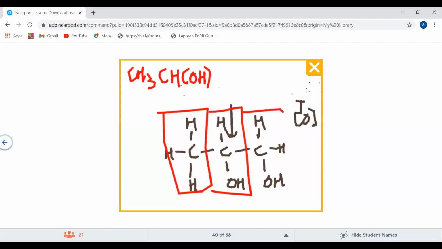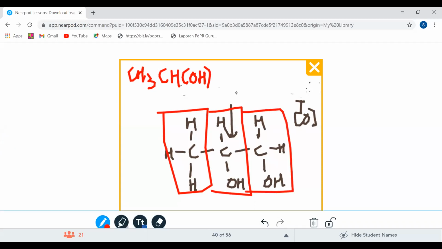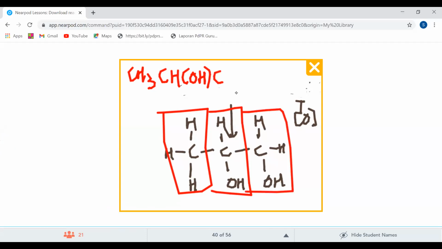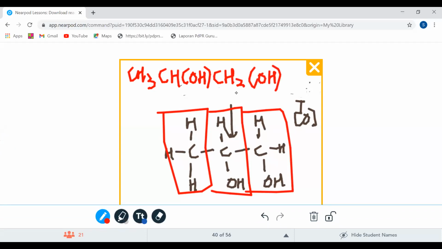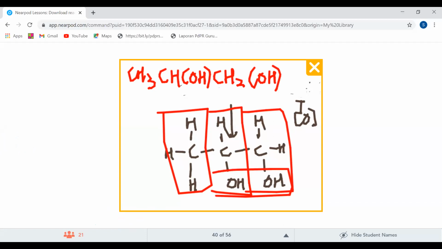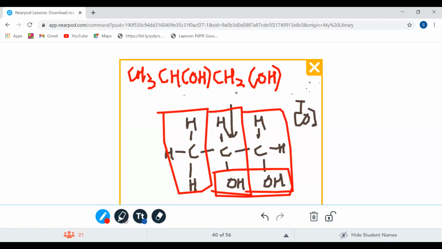Then I do the next one. What does this carbon have? CH2OH. Do you understand? Amir put everything at one particular carbon, with 2 OH on this carbon. No such thing. For a diol, the OH must be on 2 different carbons.